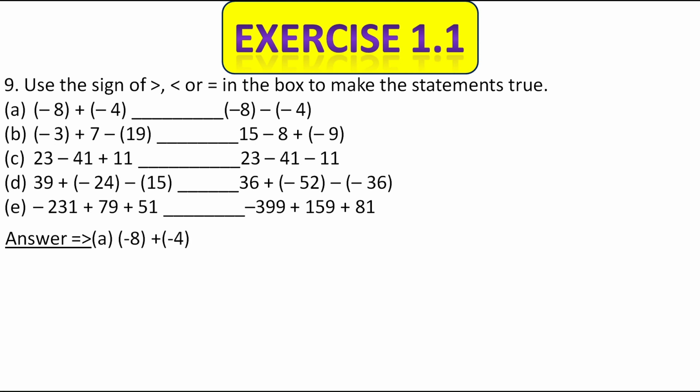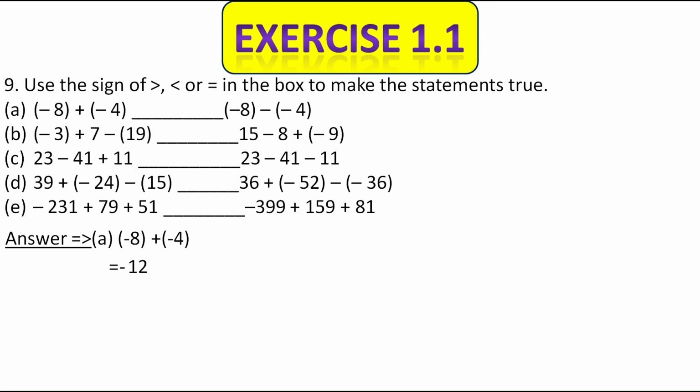As a plus sign is there in between, no need to worry, we solve directly. Here minus 8 minus 4, as both of them have the same sign, we have to add up. 8 plus 4 is equal to 12, but the bigger number here is 8, which has a minus sign, so we give the minus sign to the answer.